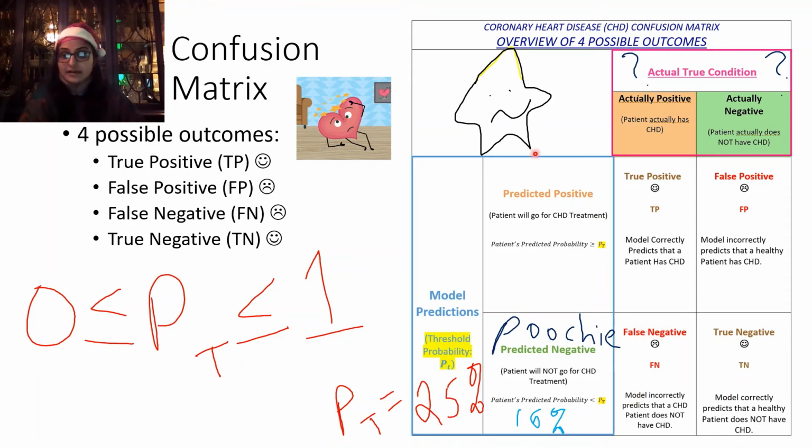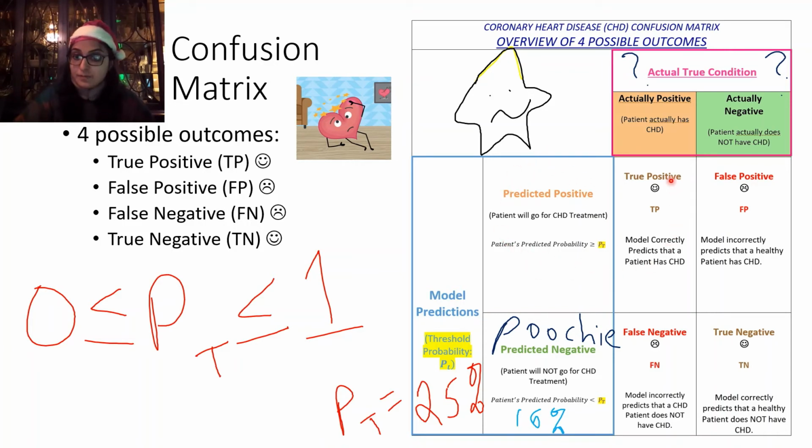But on the other hand, let's say that Pucci's predicted probability was like 25% or above, for instance, or any patient in general, hopefully not, touch wood. If it's greater than or equal to 25% based on this probability threshold, and again, this varies based on the threshold, then we're going to assign the patient to be predicted positive and go for treatment.